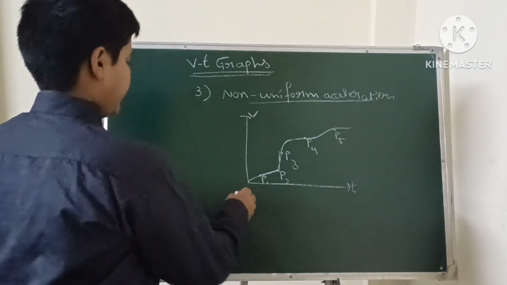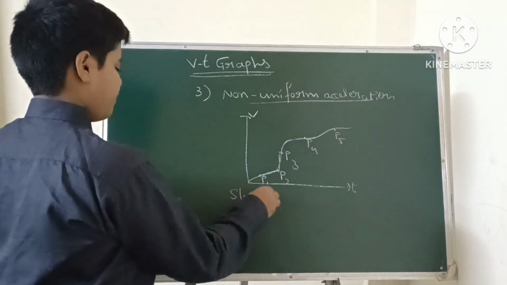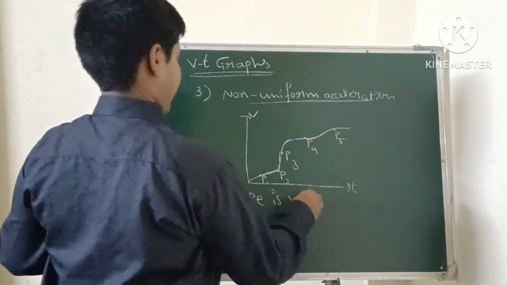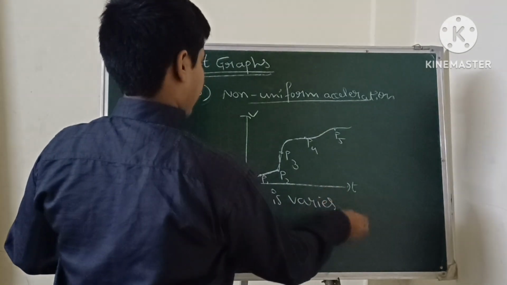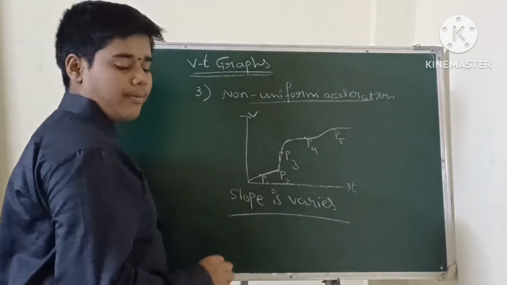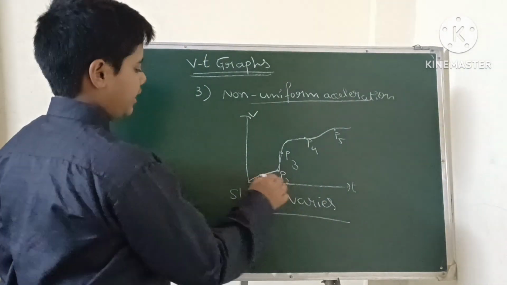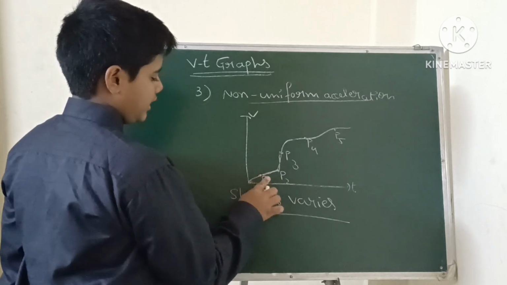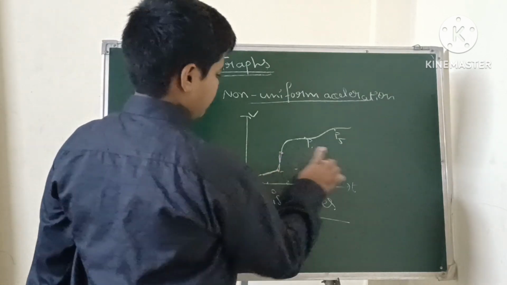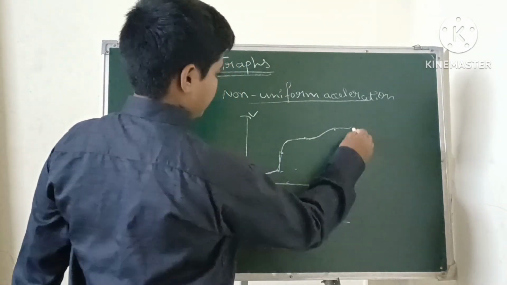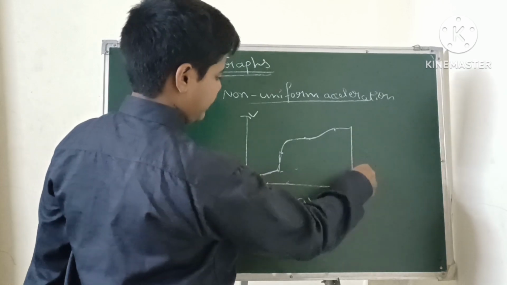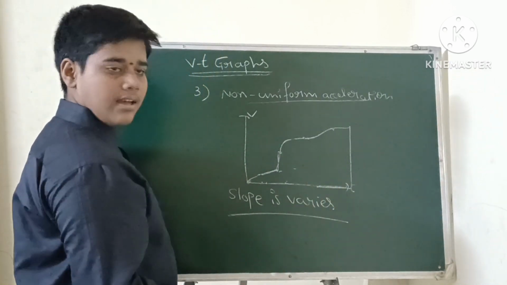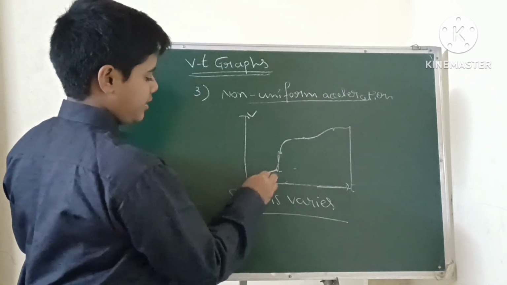Okay. So here the slope varies. So we can say this is a non-uniform acceleration. Here the area. Area means we have to draw like this. And the area means the shaded part.